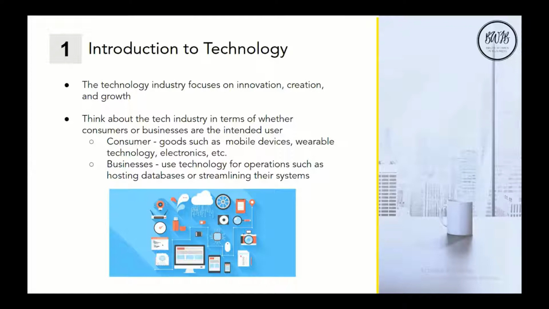So for example, with consumers, you have goods such as mobile devices, wearable tech, electronics, and then on the business side, it doesn't have to be a technology firm. A lot of businesses use their own technology and their own systems to run their everyday operations, and that is another aspect of technology that you can see yourself going into.